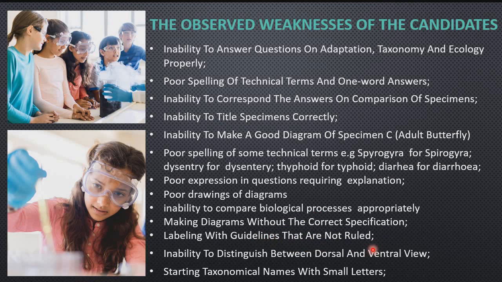Unruled diagrams or labeling, inability to distinguish between dorsal and ventral view, and starting a taxonomical name with small letters. Some of these weaknesses were also observed in the last practical examination that you took, the majority of them. So there is need for you to apply the remedies that we are going to see.